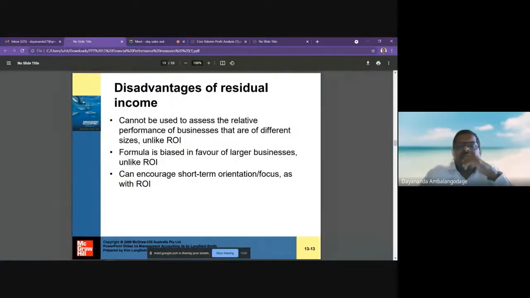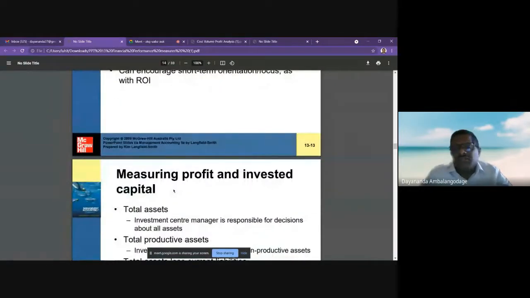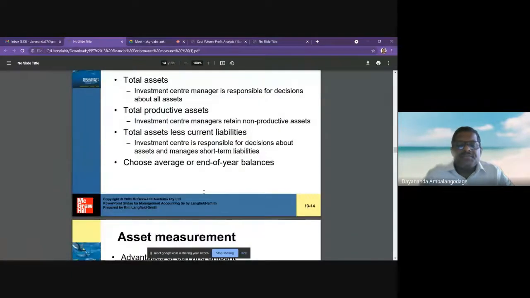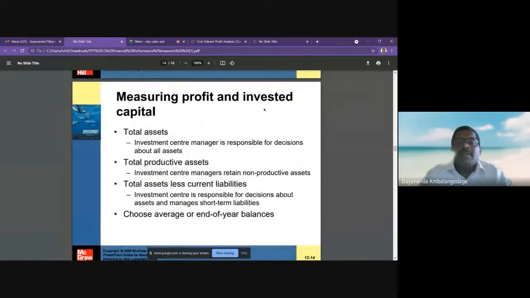It can encourage a short-term focus, because profit is short-term. Since profit is short-term, RI is also short-term, like ROI. Measuring profit and invested capital.